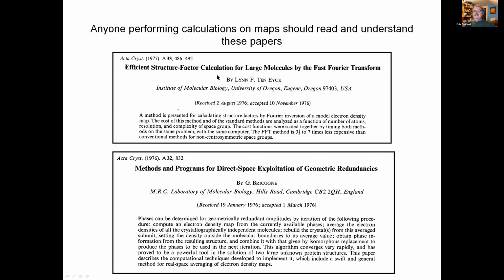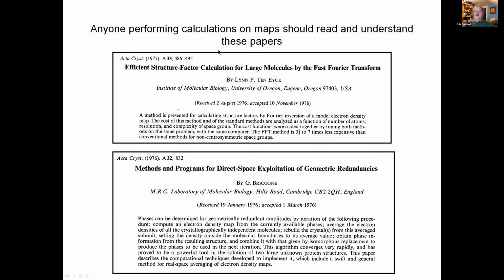Lynn Ten Eyck, in his 1977 paper for calculating structure factors from atomic models, also discusses considerably this problem of what happens when you're sampling on a map. And that's why he was able to calculate maps from structure factors in 1973, but it took 4 more years before he could write the paper on how to calculate structure factors from atomic models because of this issue of sampling on a grid and the numeric problems that puts in.